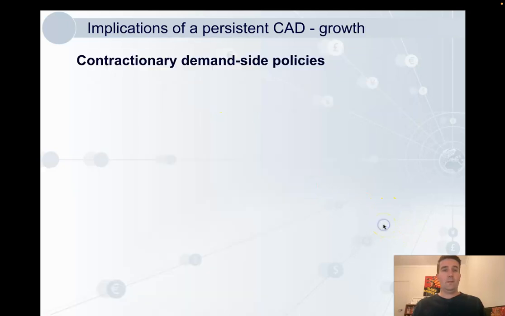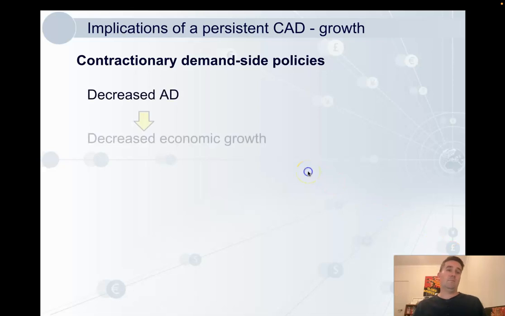Okay, the effects of the current account on growth. So we'll go into depth on this real soon, but countries will do contractionary fiscal and monetary policies to reduce demand. Clearly, if a country reduces its AD, it hurts growth, right?